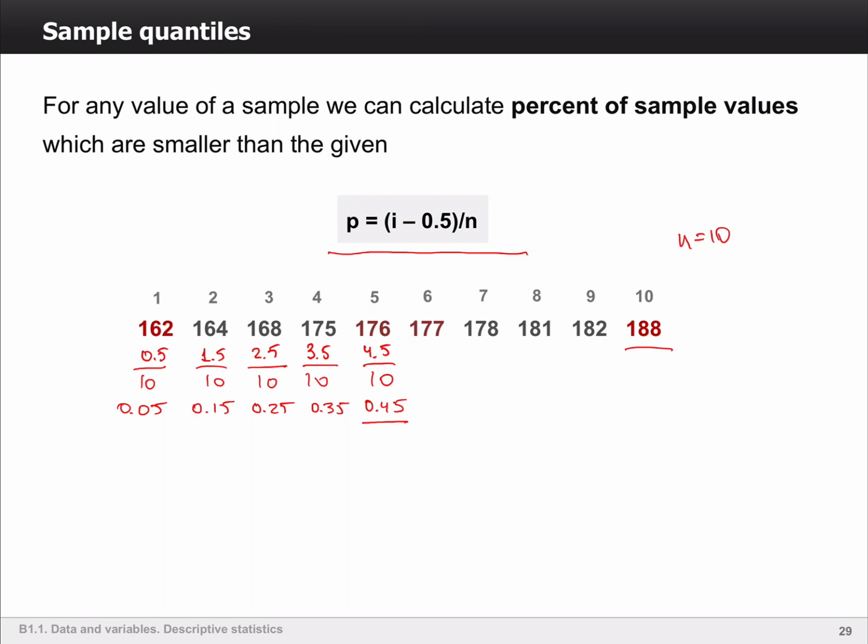Let's say that you have a bigger sample, for example, n equal to 100. In this case, if you calculate this quantile for the smallest value, it's again 0.5 divided by 100. You will have less than 1%, so it's only 0.5%. So once again, this formula just takes into account that the sample is small and there could be a chance to find in the population values smaller or larger than the min and max of this sample.